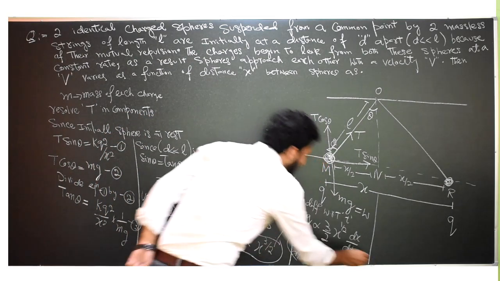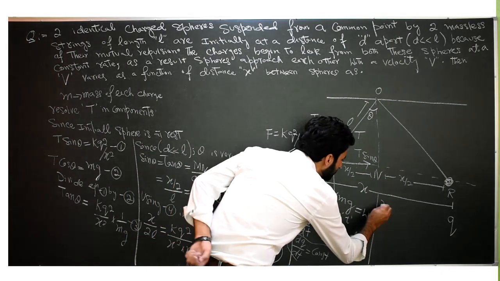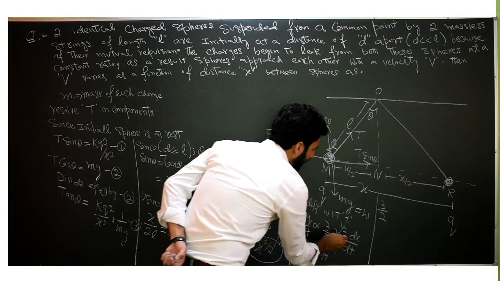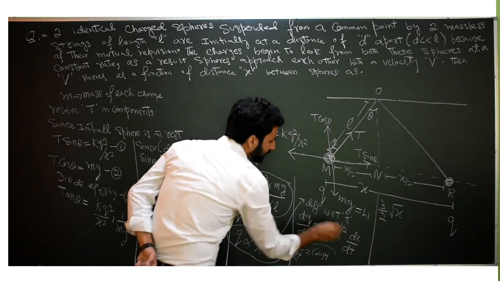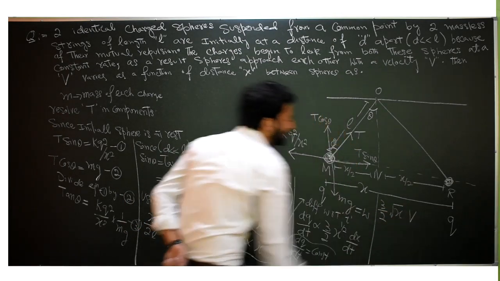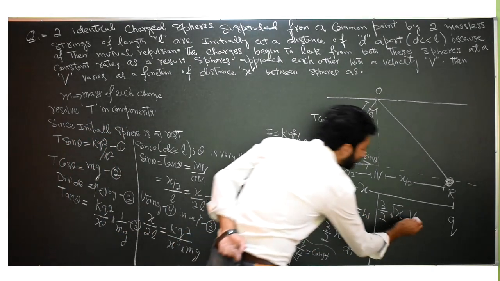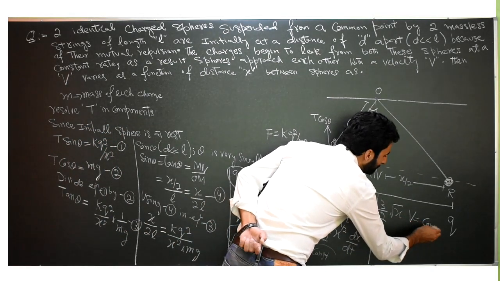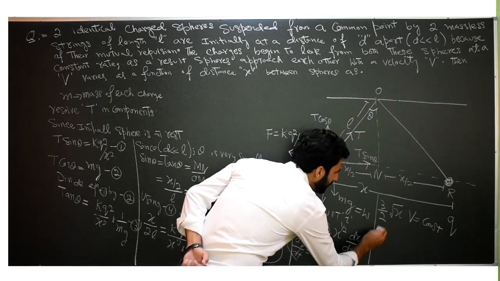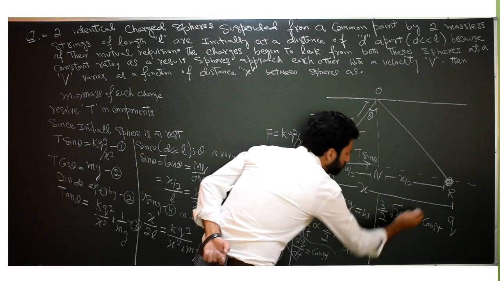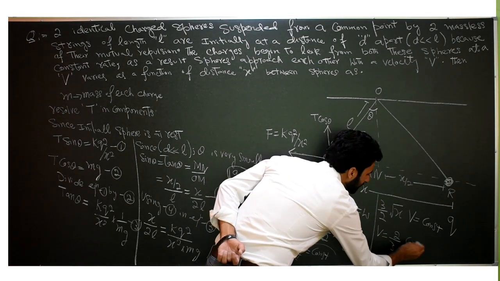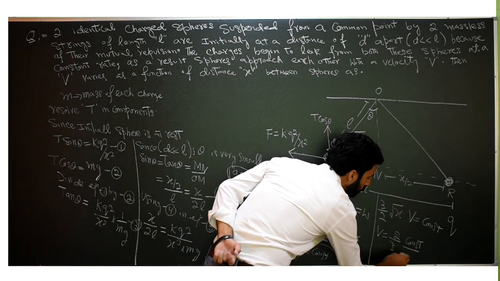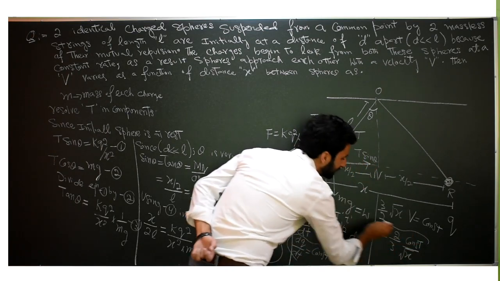So what we can write here is 3 by 2 into x raised to the power 1 by 2, meaning root x, into dx by dt, which is velocity. This is constant. Or v is equal to 2 by 3 into constant divided by root x.